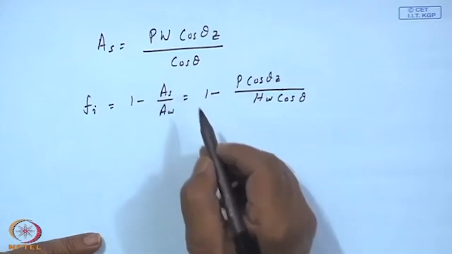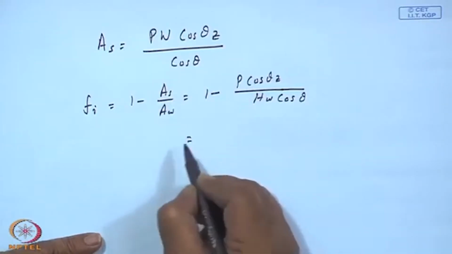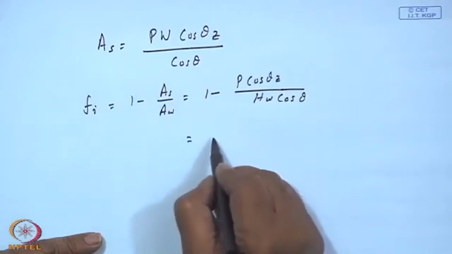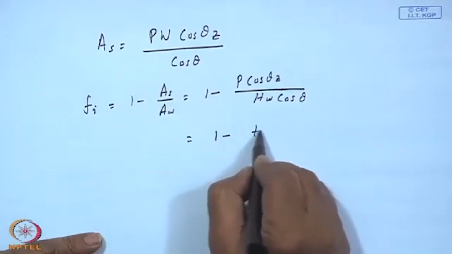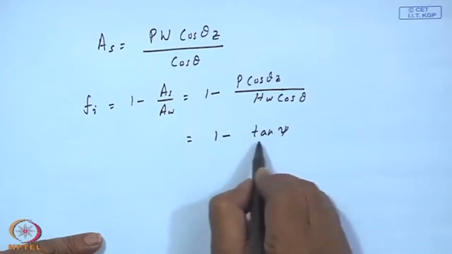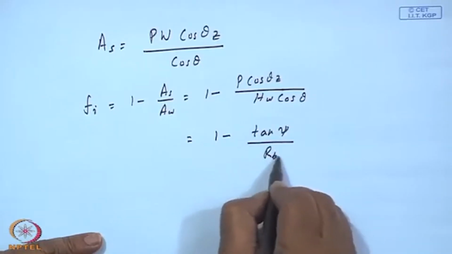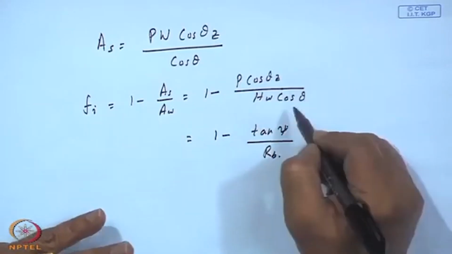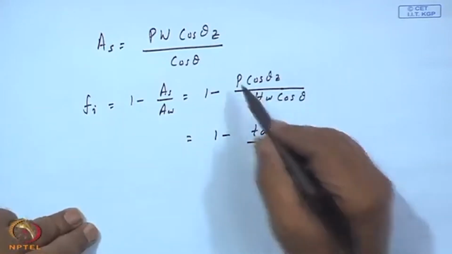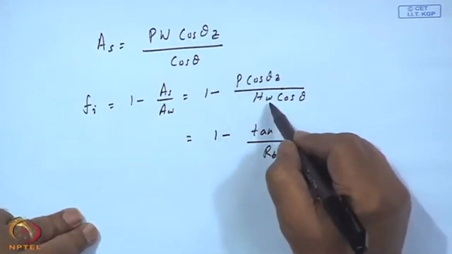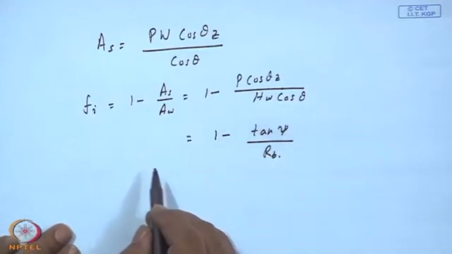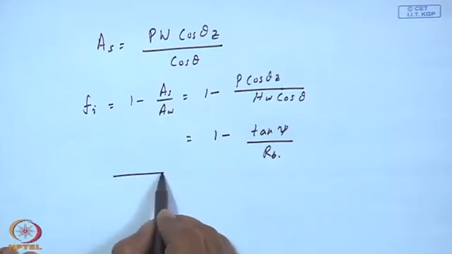AS is equal to P into Y, equal to 1 minus tan psi by RB, because cos theta by cos theta z is nothing but RB, and P by HW of the window is nothing but tan psi, where that angle psi is shown.